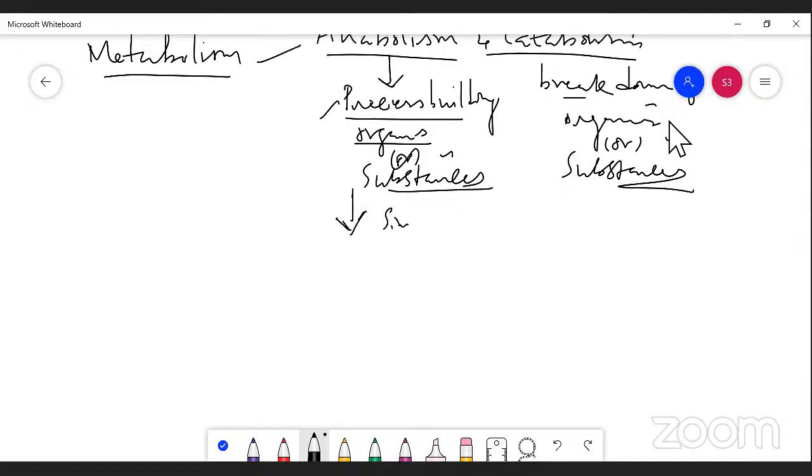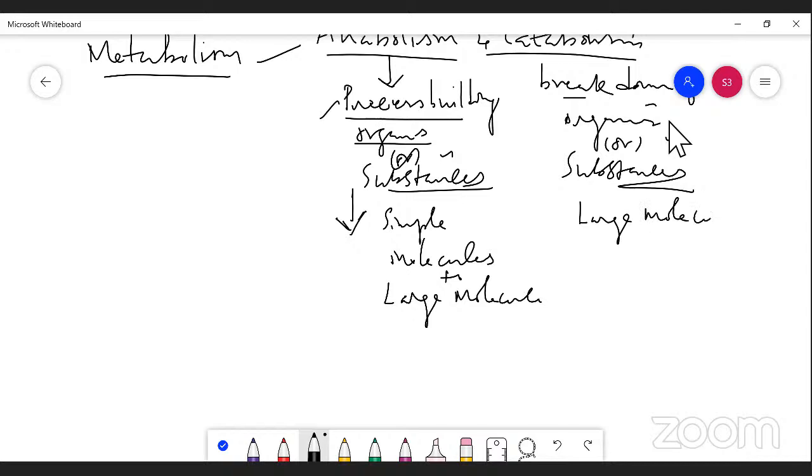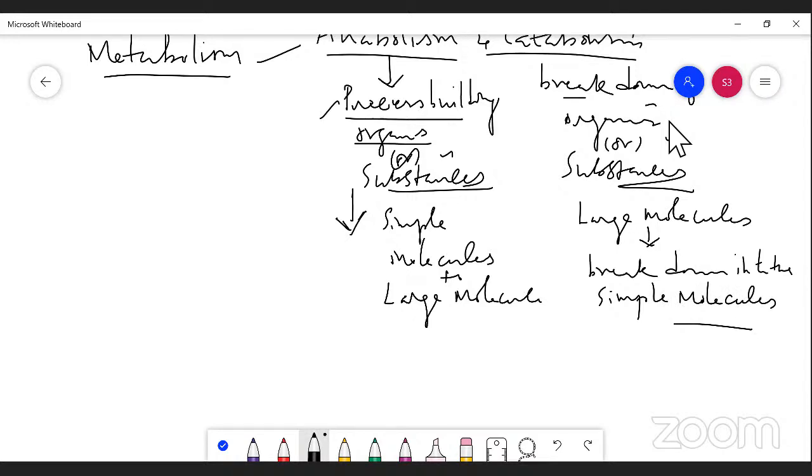In catabolism, the large molecules break down into simple molecules.